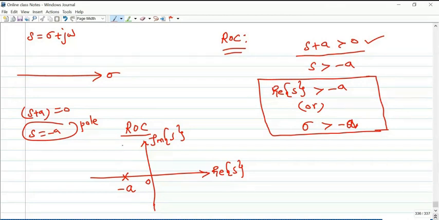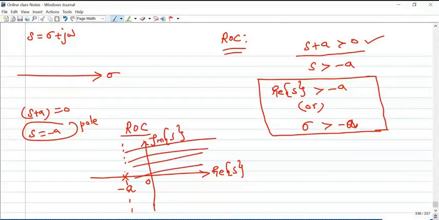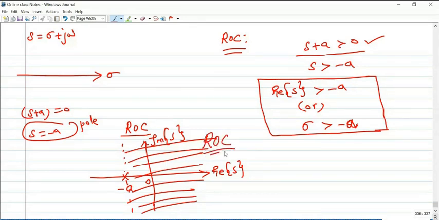So greater than means this side. This is called the region of convergence.